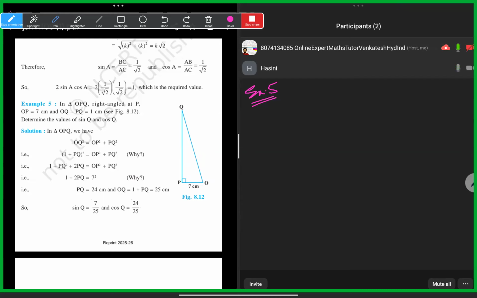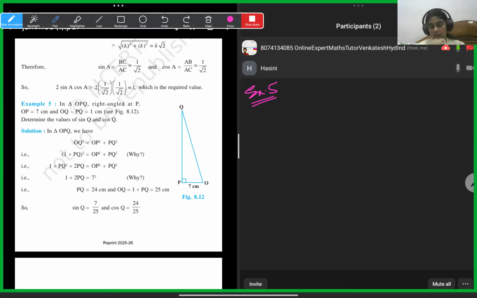So they said that this time the right angle is at P, it is triangle OPQ. Right angle at P means automatically OQ should be the hypotenuse. Now we got the hypotenuse, but they gave one of the sides, OP, 7, and of the other 2 sides none, but they gave the difference between the other 2 sides.